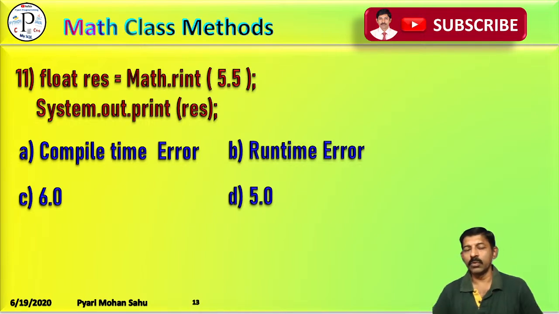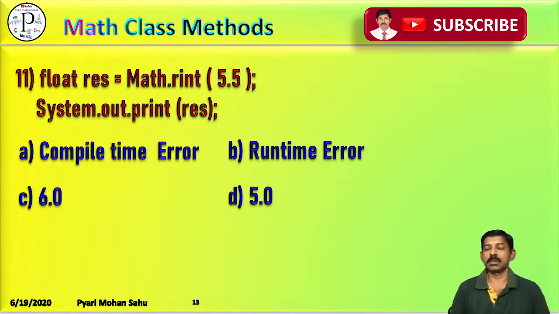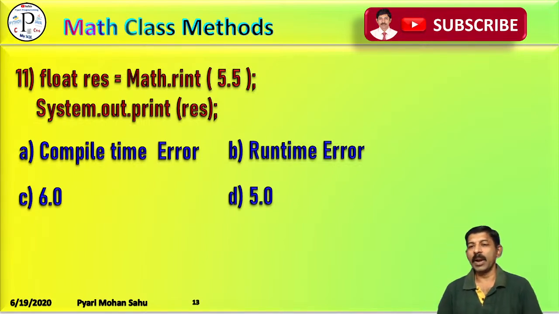Okay, fine. But we have two different errors specified over here, compile time error and runtime error. You have not explained regarding that. Fine. Because the return type of rint is double and cannot be stored in float. Yes, I got it. Error will come, but we have two errors. Cannot be converted to float and it will generate an error during compiling. Yes. One candidate has given compile time error.